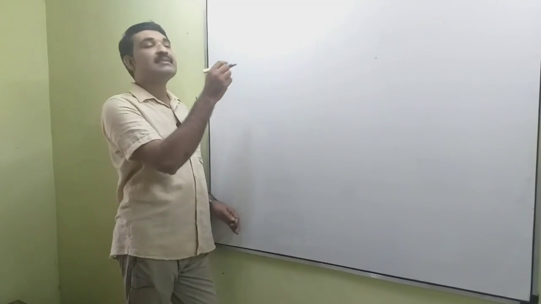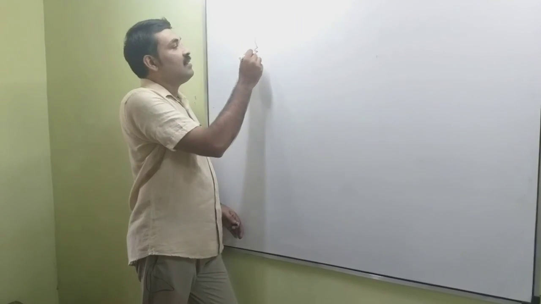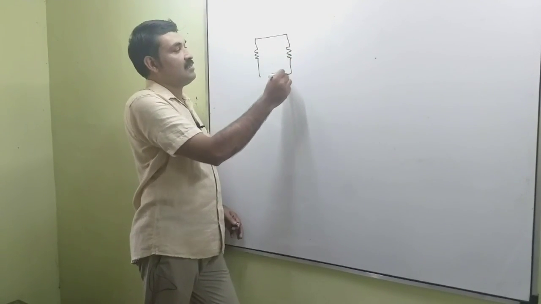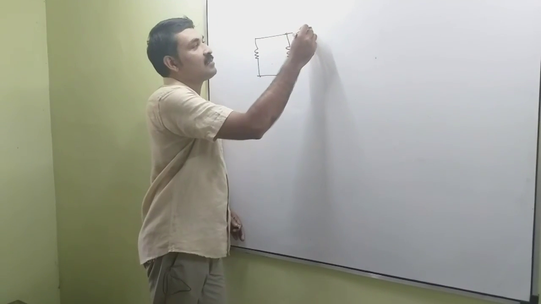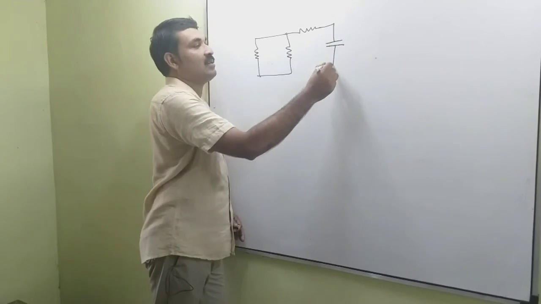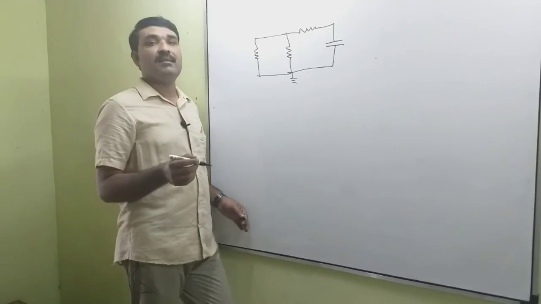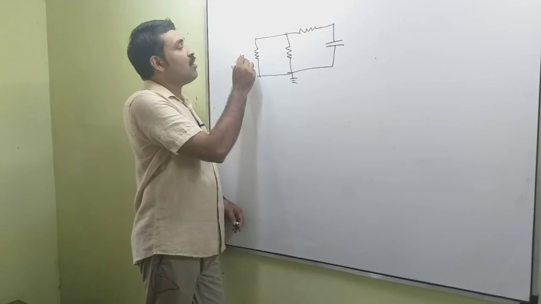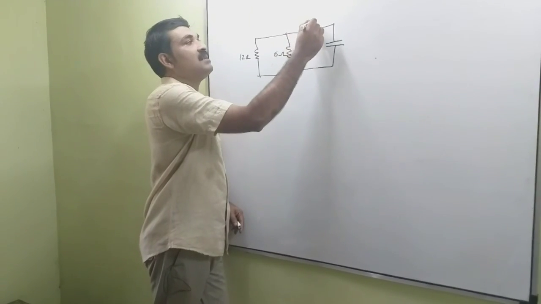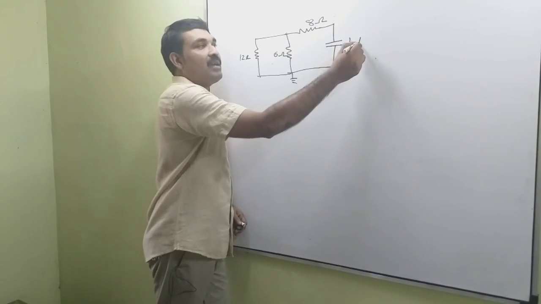Now, consider an RC network, a source-free RC network. We have a resistance here, another resistance, and another resistance is connected to this node, and a capacitor. Okay. The values of these are, let this be 12 ohm, this resistance be 6 ohm, this resistance be 8 ohm, and this capacitance be 1 by 3 farad.